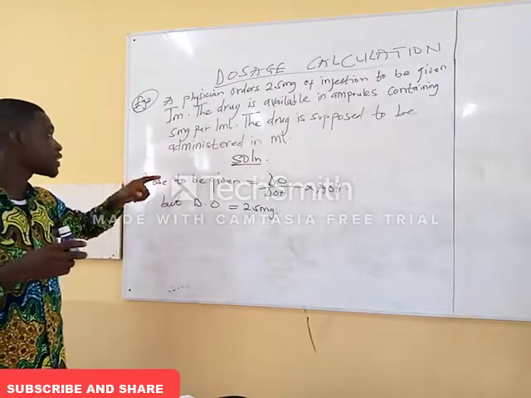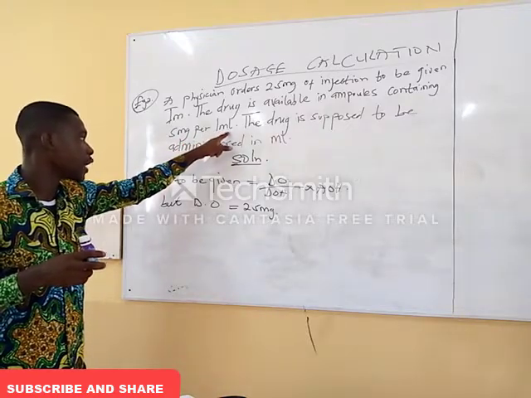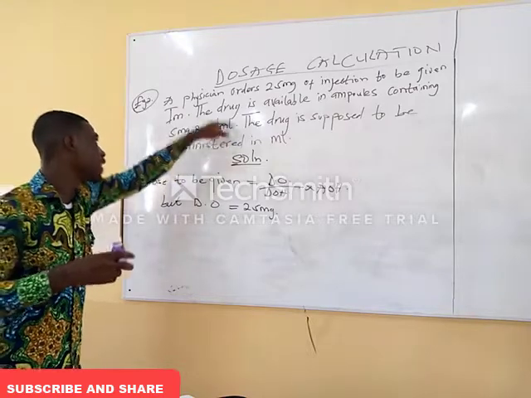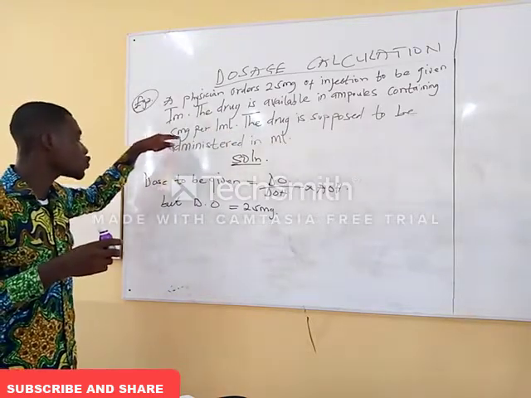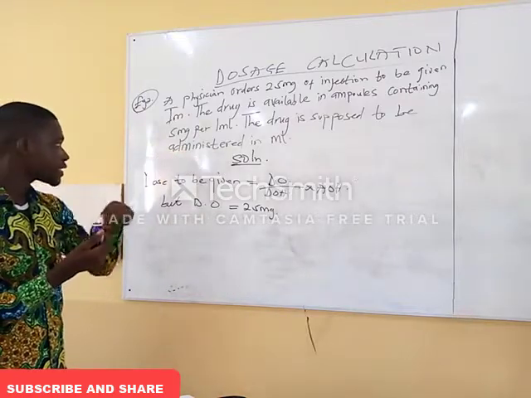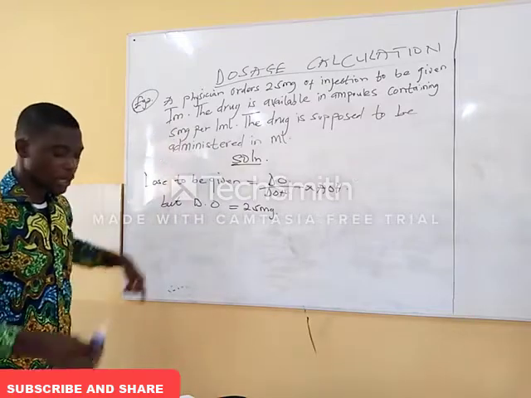We said that this 1 ml becomes the amount on hand, and the amount on hand contains the dose on hand. So if this is the amount on hand, what is inside is 5 milligram.